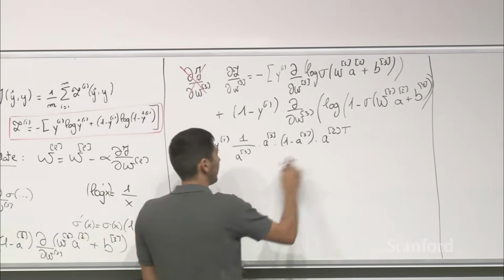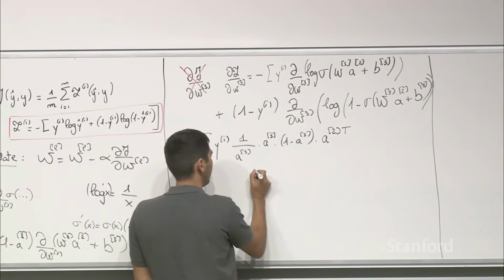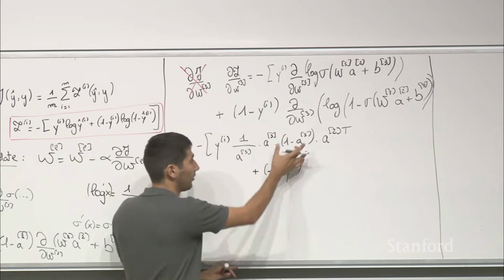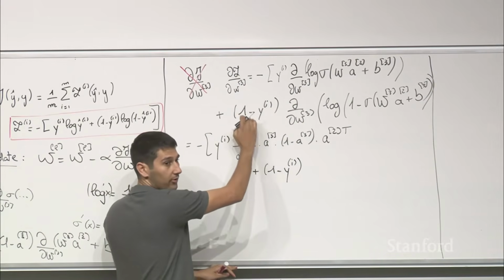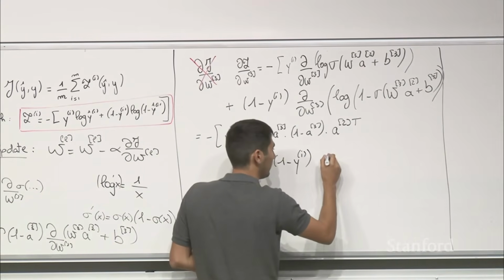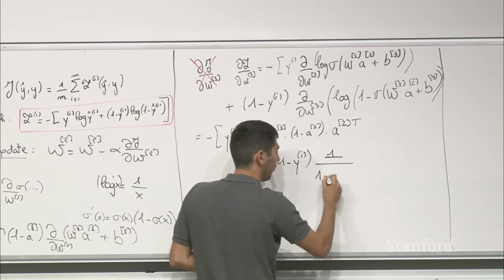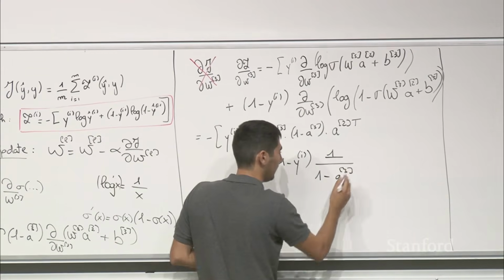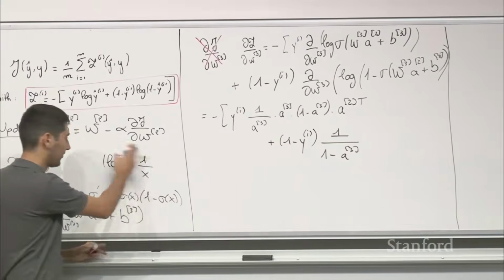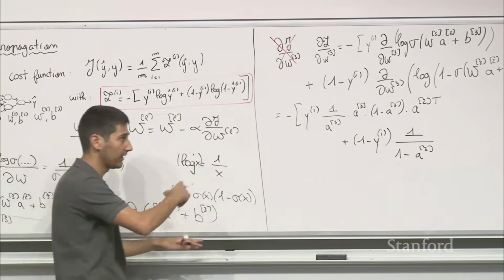Now, minus yi, so I'm on this one now, the second term of the derivative. And I take the derivative of this, so I get 1 over 1 minus A3. A3 denotes the sigmoid, so I'm just copying this back. I'm using the fact that the derivative of logarithm is 1 over x.